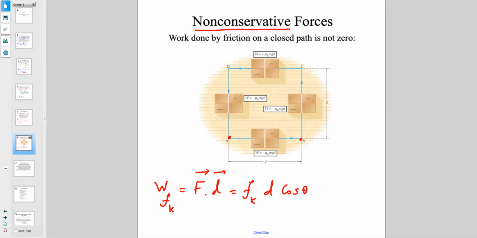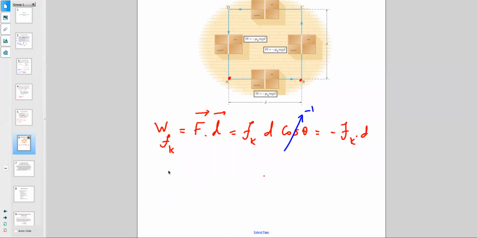This part is always -1 here, because friction is in the opposite direction of motion. So what I have here is negative f_k times displacement. And f_k is equal to mu_k times n.